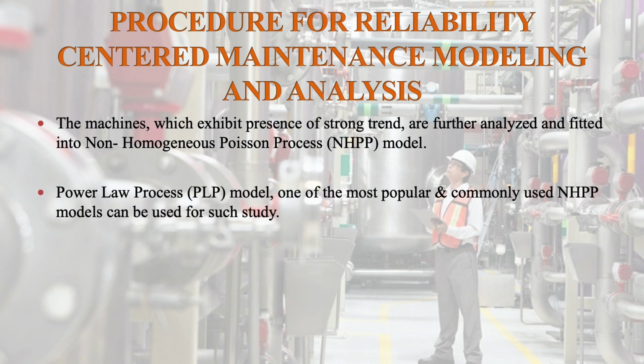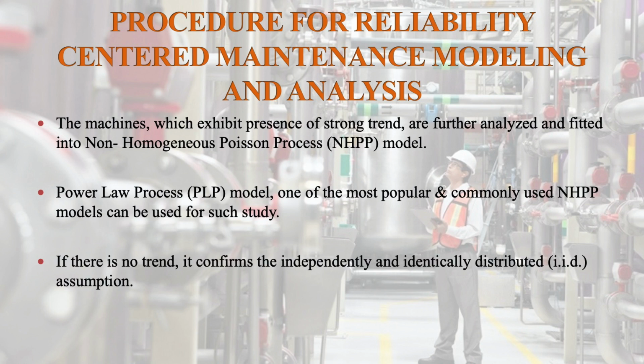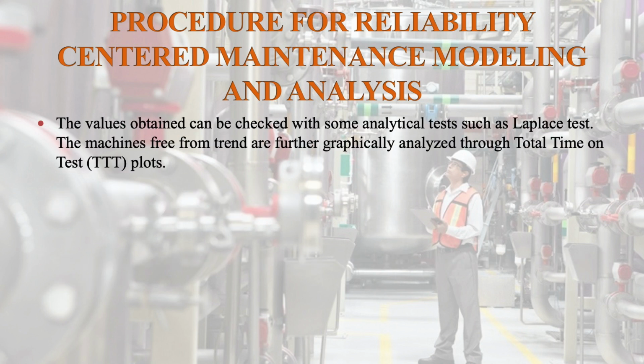Power law process model, one of the most popular and commonly used NHPP models, can be used for such study. If there is no trend, it confirms the independently and identically distributed assumptions. The values obtained can be checked with some analytical tests such as the Laplace test.